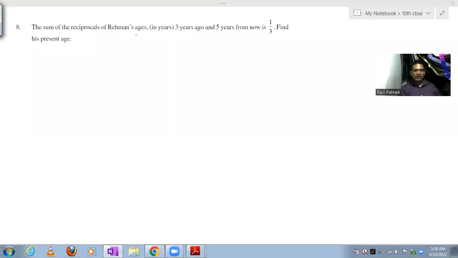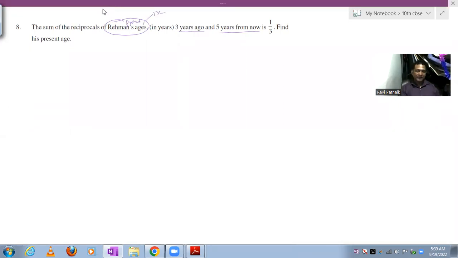Sum of the reciprocal of Rahman's age 3 years ago and 5 years from now. There are two things here. So let Rahman's present age be taken first. That we take as x.